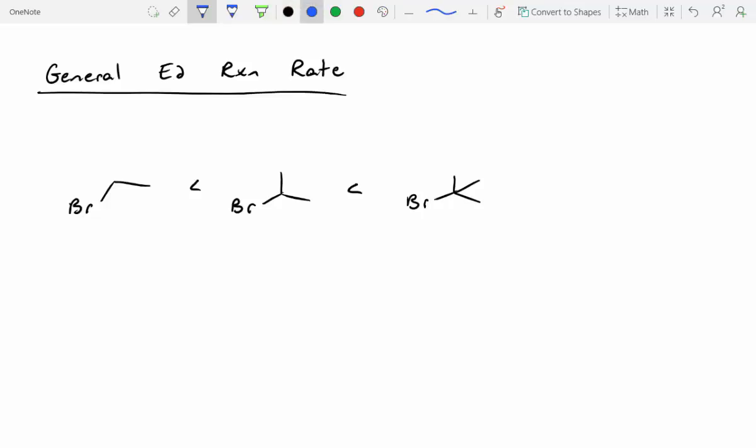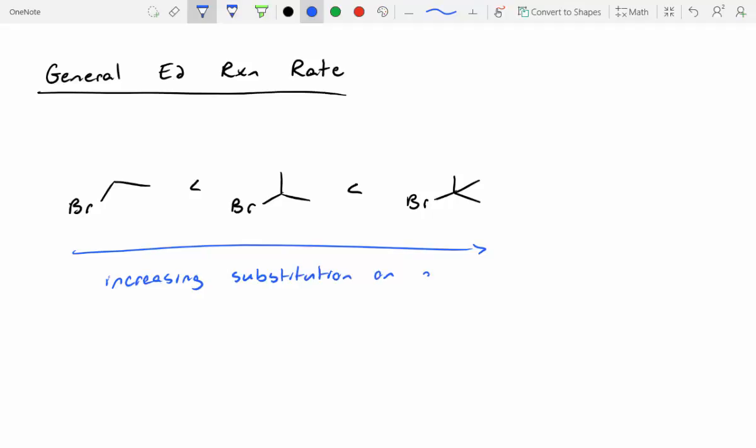So in general, increasing substitution on alpha or beta positions will increase the rate of reaction.